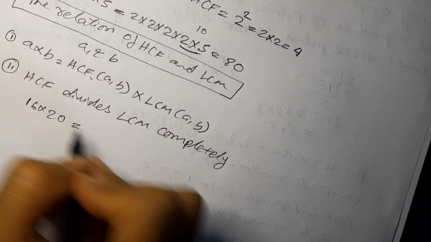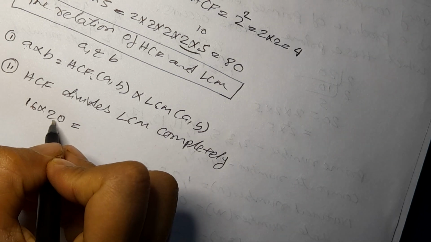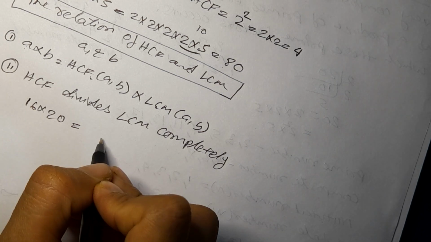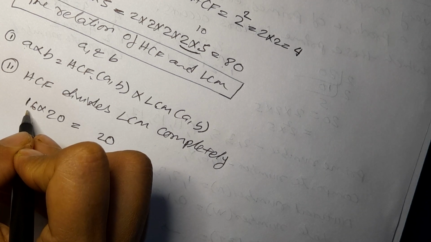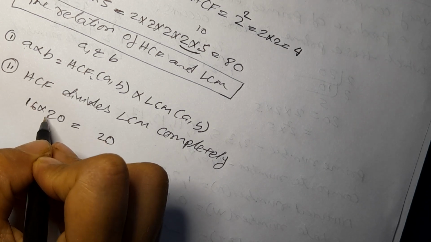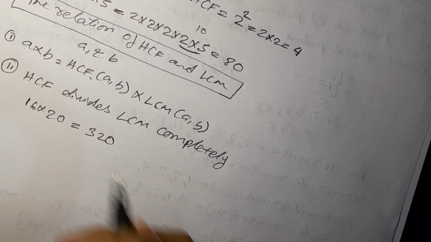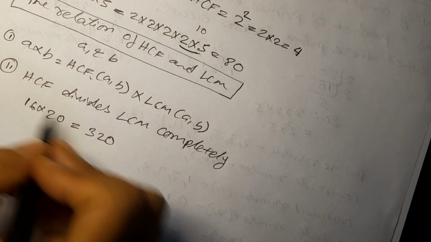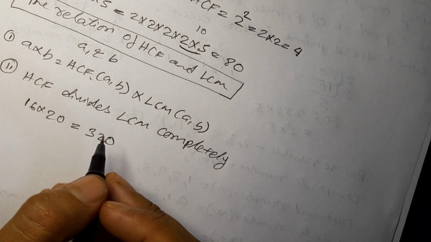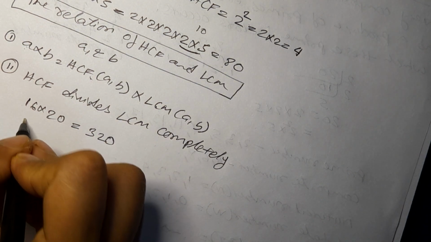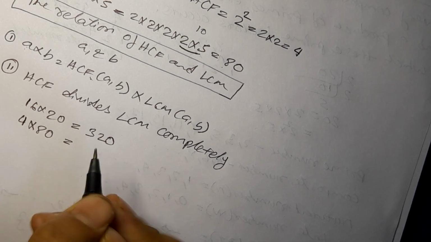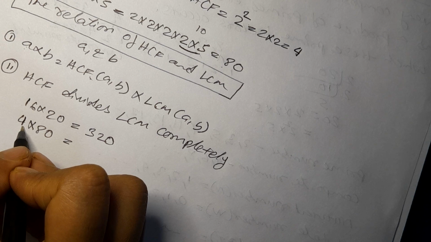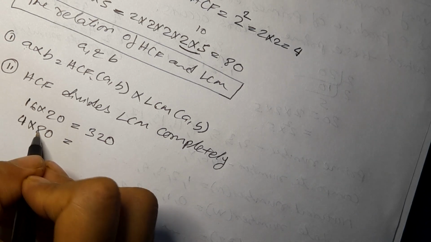Multiply it. So it will give 320. This is the product of the 2 numbers. And what is the HCF we got? HCF we got 4. LCM we got 80. So multiply it, that is 320.